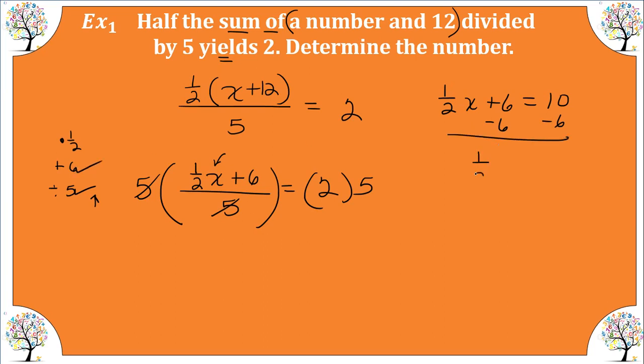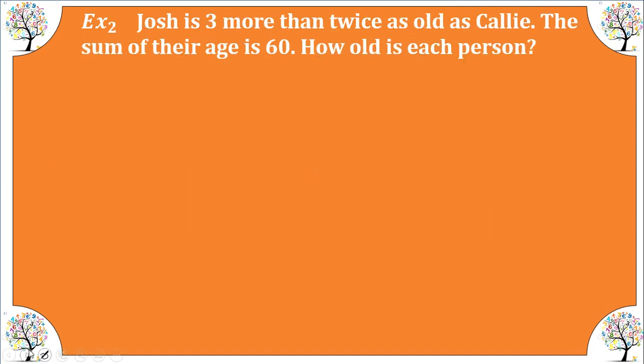We have 1/2 times x is equal to 4. Now we need to undo the times 1/2, so we're going to multiply both sides by 2. Multiplying by 1/2 and multiplying by 2 are inverses, or we could say dividing by the 1/2. So when we multiply both sides, we get x is equal to 8. That is our missing number.